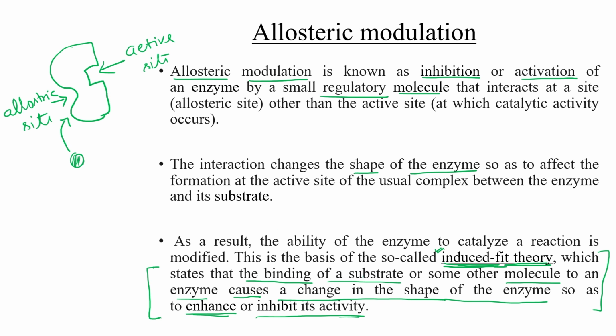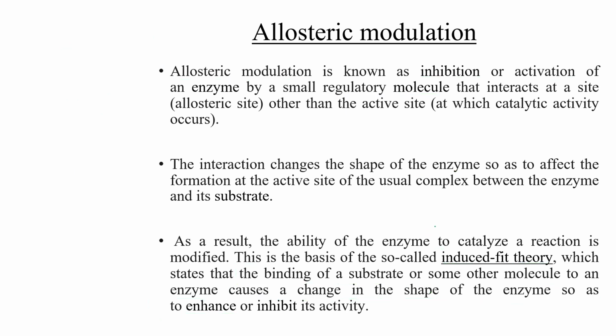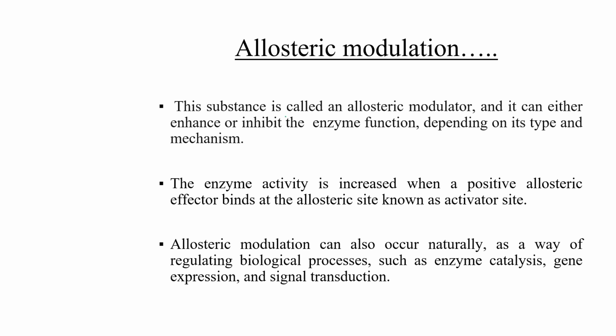Binding of the substrate causes change in shape of what? Enzyme. Right? Now next, the type of substrate which reduces or inhibits the enzymatic reaction is known as an allosteric modulator. If it inhibits, then we can say negative modulator. If it enhances or increases the enzyme activity, then we can say positive allosteric effector.